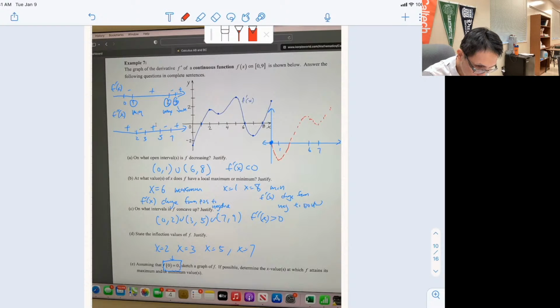So now I'm going to graph it. Oh, here I'm going to be careful with this part. Okay, I'm just going to talk about that part in a second.